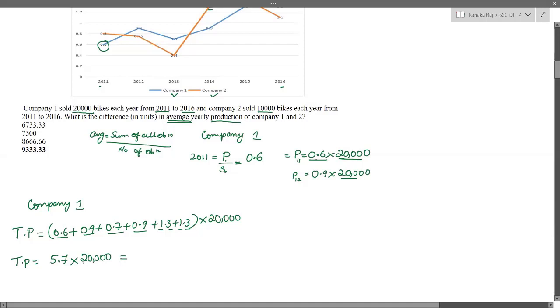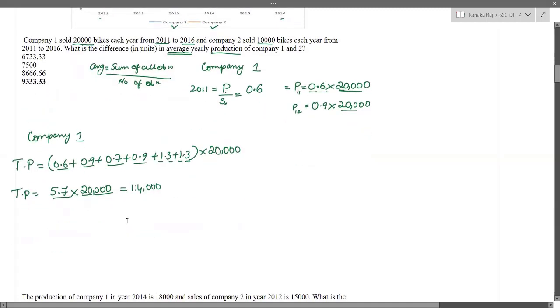So what will this be equal to? 20 into 5.7 is 114, and three zeros as it is. I'll write that down. So this is total production, but what do we need? We need the average. What is average? Sum of all observations, that is total production, divided by number of observations. The number of observations here is 6 different years.